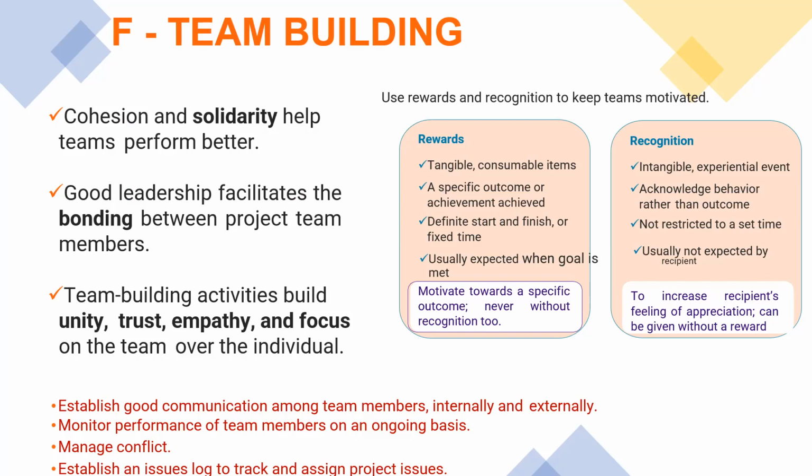So it's your work as the PM to facilitate these conversations among your team. And how do you do it? You do it by helping the team create activities that will build trust, empathy, and focus.